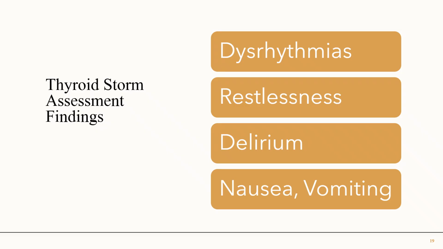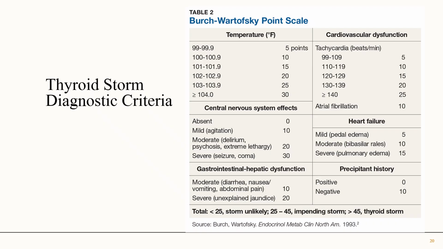Because of this, structured diagnostic scoring systems are used to support clinical judgment. One such system is the diagnostic criteria you see within this slide. If you look closely at this, you can see that we are evaluating temperature, tachycardia, central nervous system effects, heart failure, gastrointestinal dysfunction like diarrhea, nausea, vomiting, and abdominal pain.